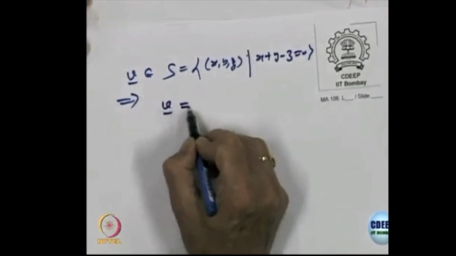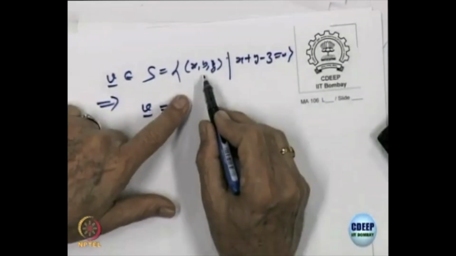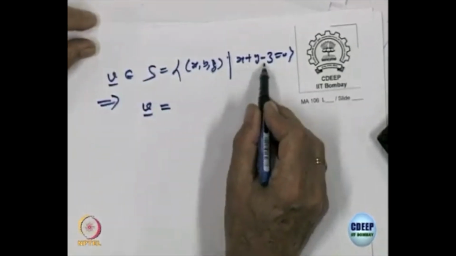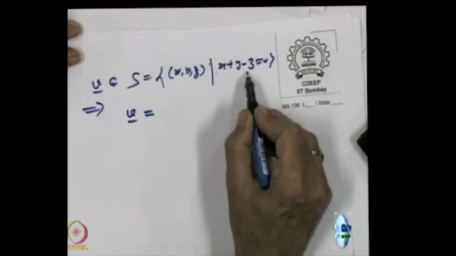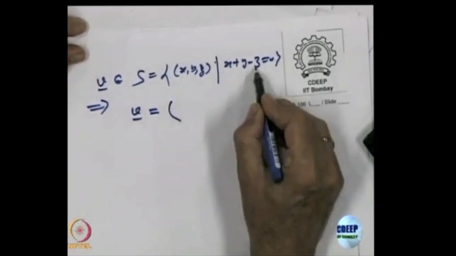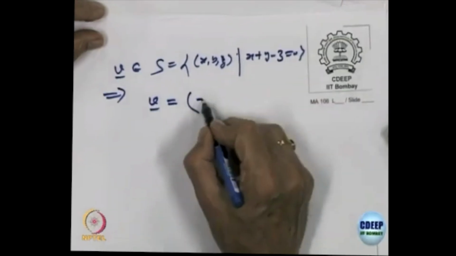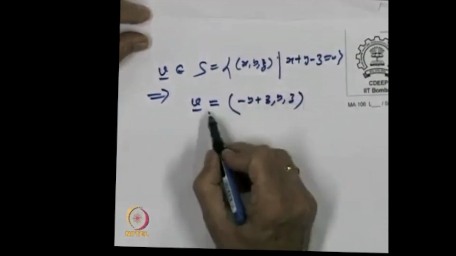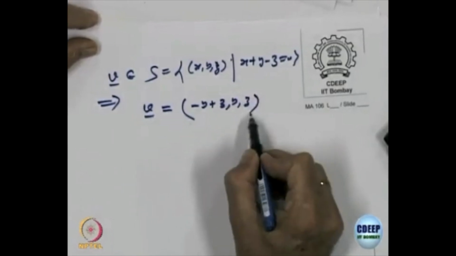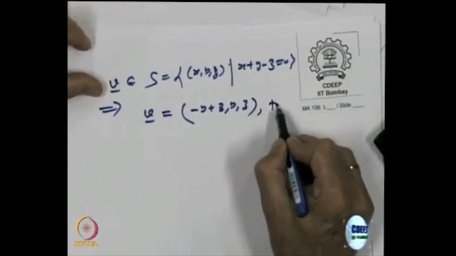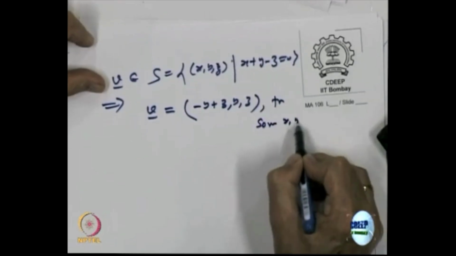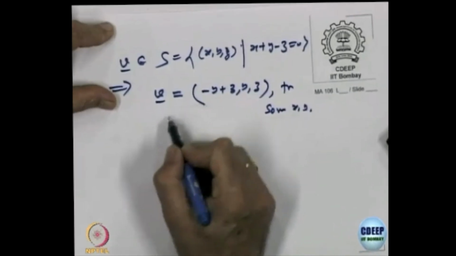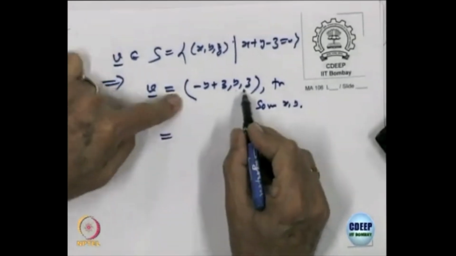That means V is equal to, so what is the solution? What is x equal to? I can compute x in terms of y and z. So what is x from here? X is equal to minus y plus z. Is it okay? V should be of this form, for some y and z. So can I write this in terms of V1 and V2?